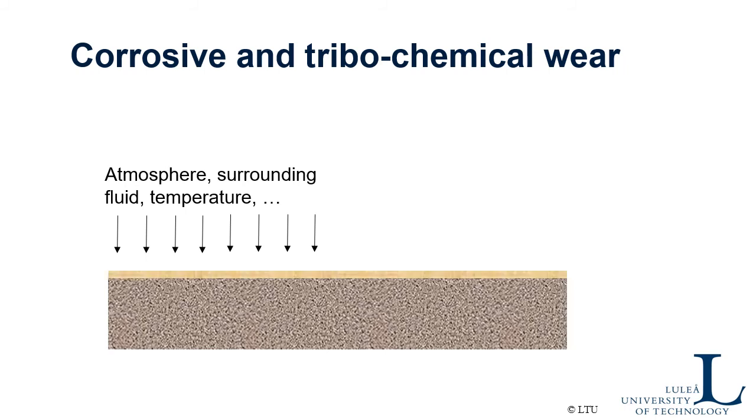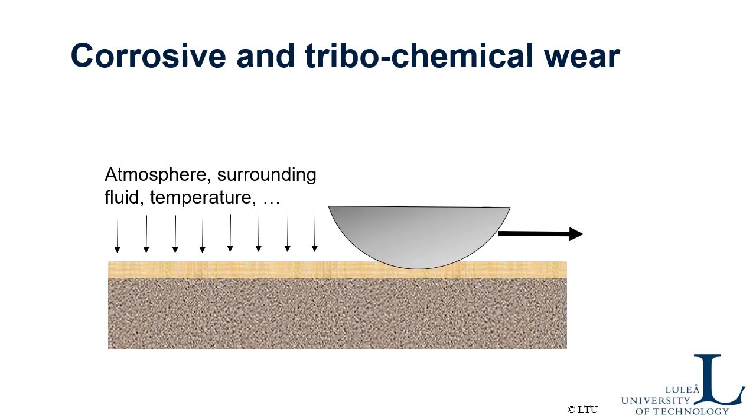It could be an oxide layer, and they grow more and more until they have reached some kind of critical thickness. And then if you put a surface in contact and slide that surface on the oxide layer, you may damage the oxide layer and remove it completely, and the process will start again.